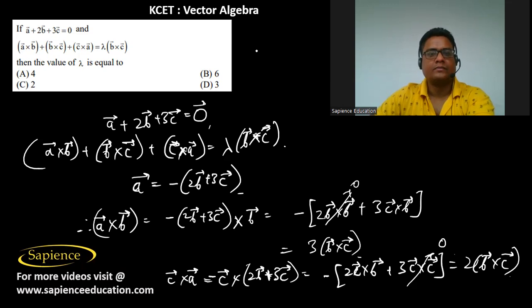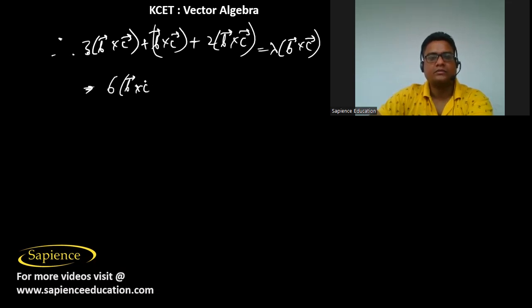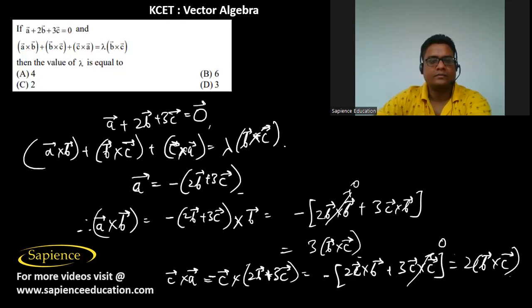So this will be 3 plus 1 plus 2, that is 6 into b cross c, equal to lambda times b cross c. So therefore lambda should be equal to 6. So option B is the correct answer.